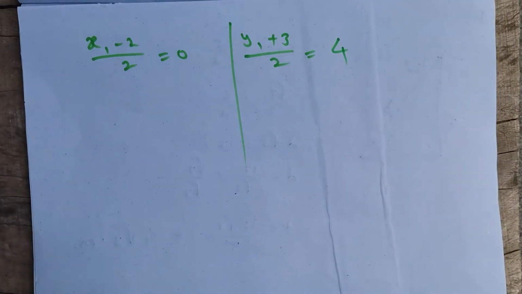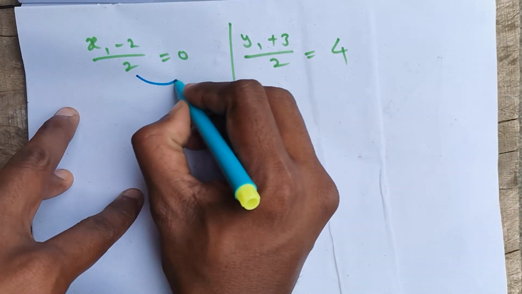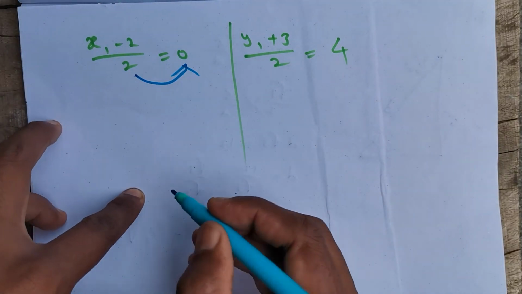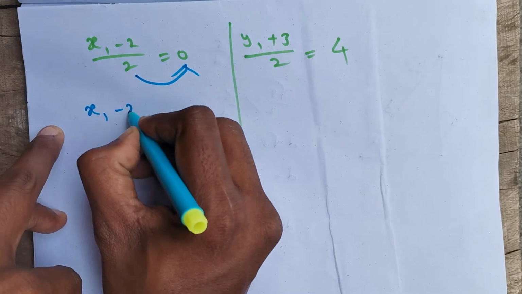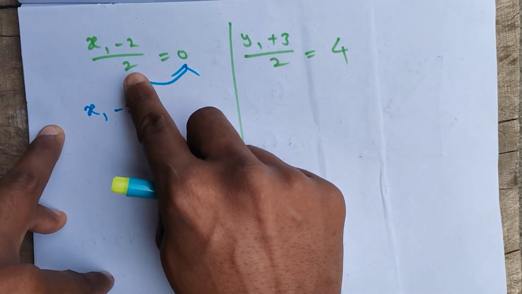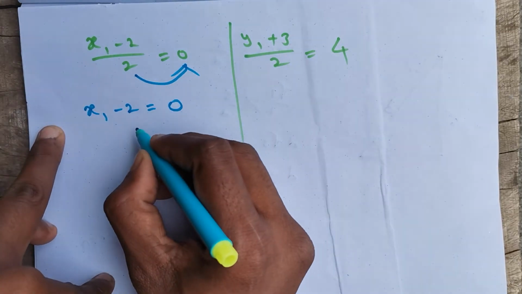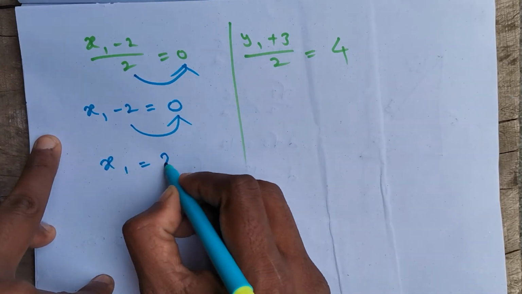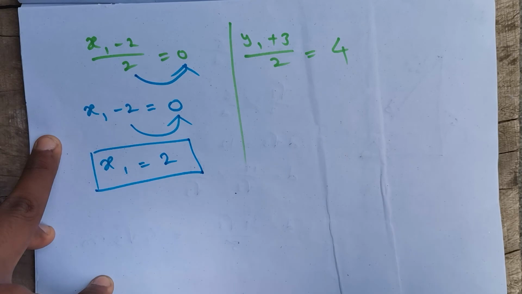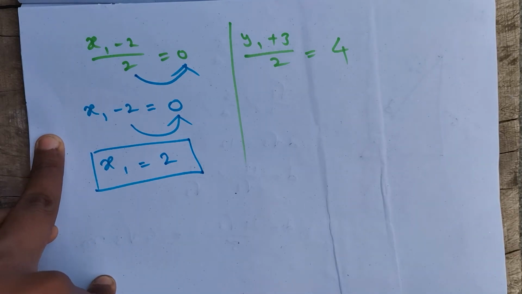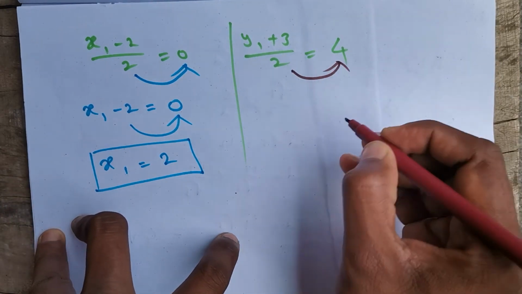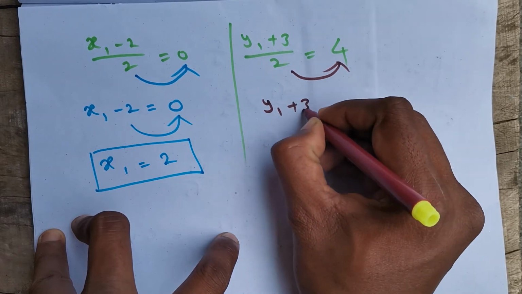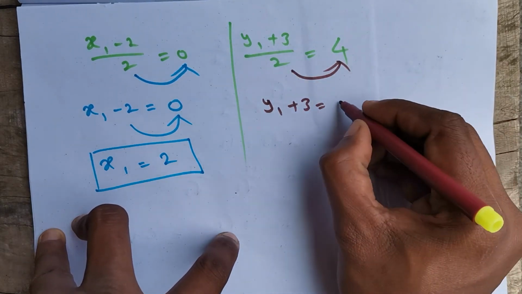Okay, now let us solve it. 2 I will take to the right side, then it will become multiplication. x1 minus 2 is equal to 0 into 2, 0. The same way minus 2 also I will take to the right side, then x1 is equal to, if I take it to the right side, it will become plus 2. So x1 is plus 2. Next here 2 I will take to the right side, then we will get y1 plus 3 is equal to 4 2s are 8.